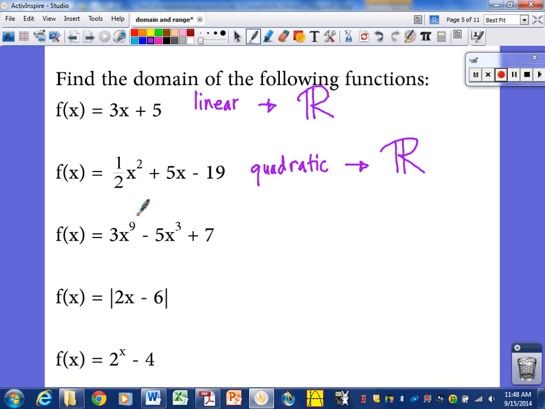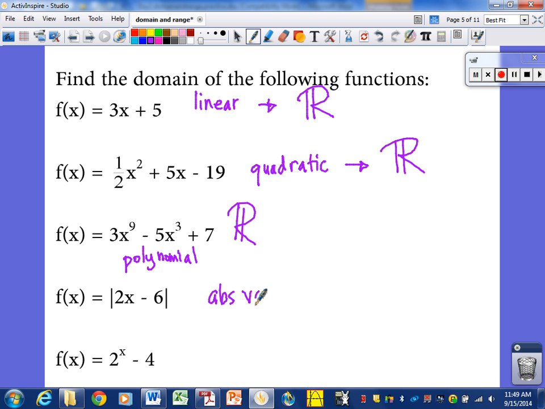Okay, this is of course a 9th degree polynomial, but it's still a polynomial. Okay, all polynomials, like the slide said, are all real. There are no restrictions. You can raise whatever you want to the 9th power. Nothing keeping you from doing that. Okay, what type of a function is this next one? An absolute value.